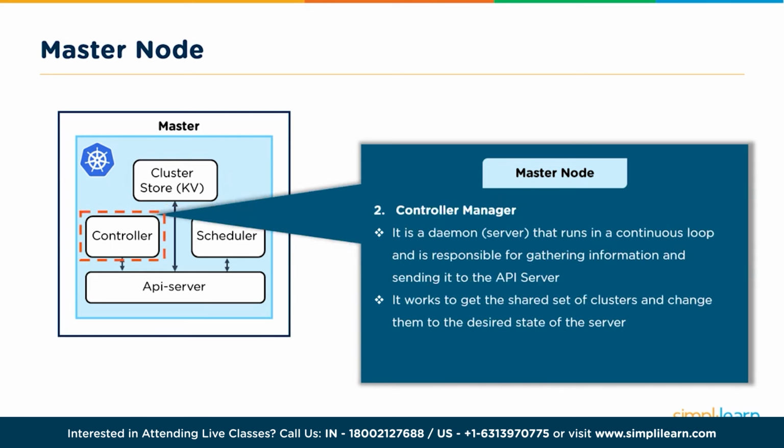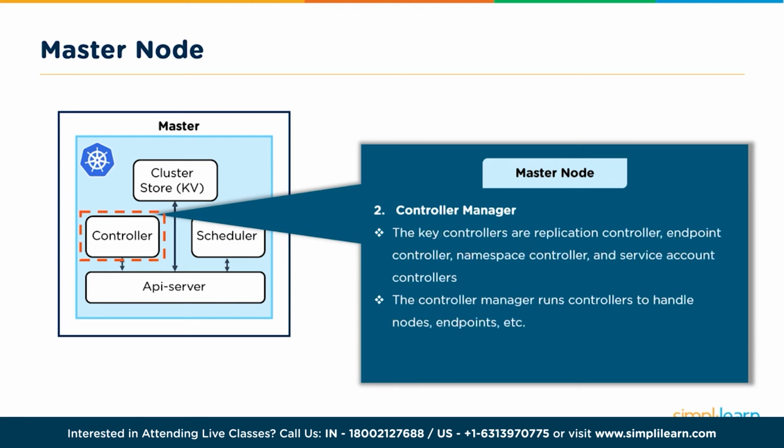What's in the controller? As the name says, the controller is like a daemon server that is running in a continuous loop. All the time it is responsible for controlling the set of replicas, the kind of workloads that are running, based upon the configuration that the user has set. If you are aware of replication controllers, endpoint controllers, namespace controllers, all these controllers are managed by the controller component.